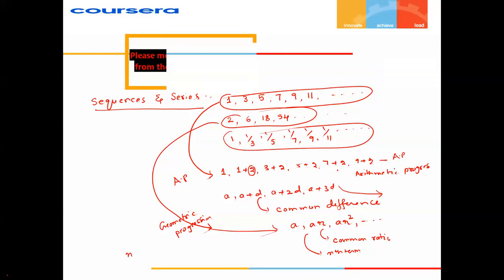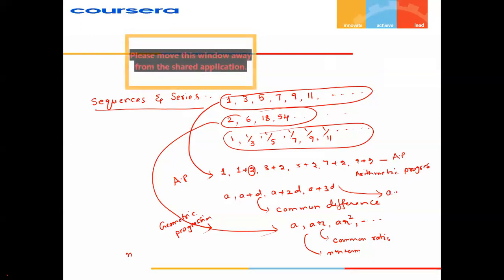What is the second one? A plus n minus 1 into D is what our friend is mentioning. For the second one, what is the expected nth term if you go on writing like this? For the first, the nth term is A plus n minus 1 into D.